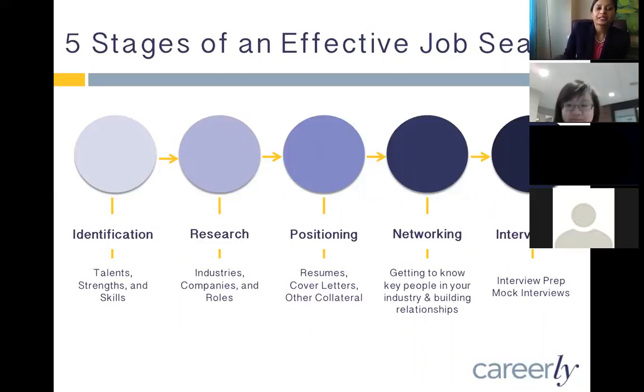So, okay, these are the 5 stages of a job search. This is a typical 5 stages, okay? And so networking is, you've already done a little bit of work around what types of skills and talents you have, what kinds of companies and jobs and industries you're interested in.